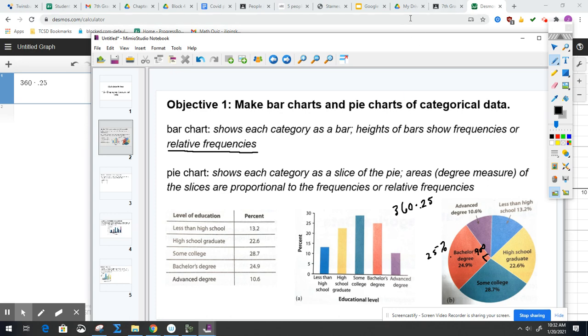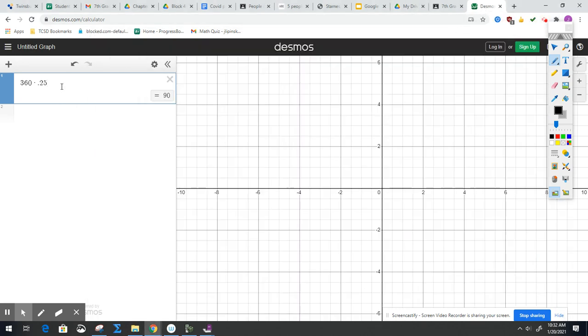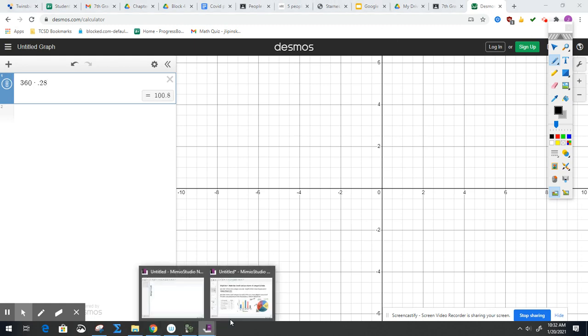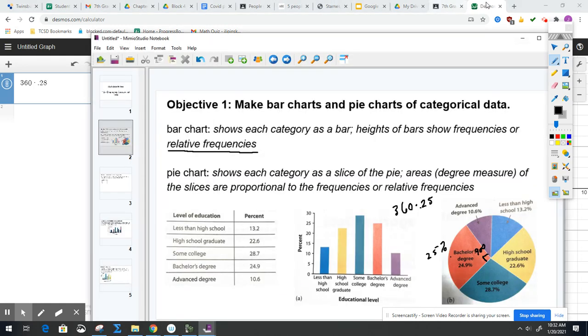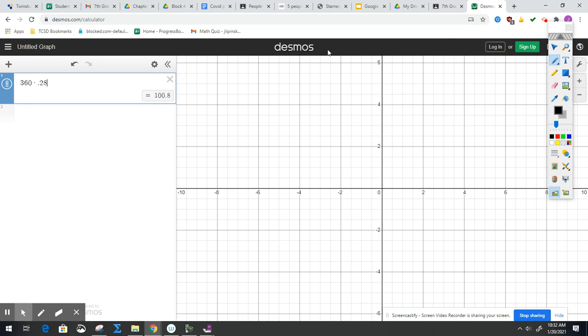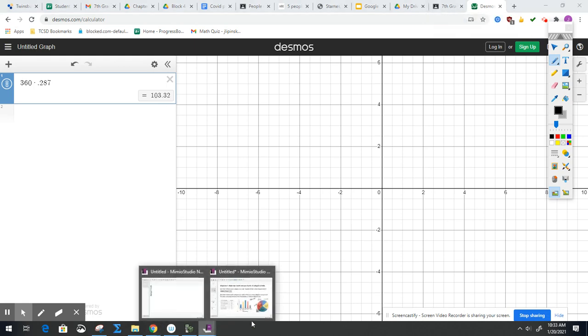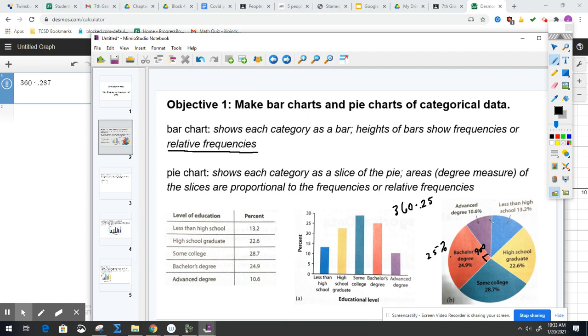So if I went to Desmos and entered 360 times 0.287, we could see that that angle right there would be 103.32 degrees. So this angle right here is 103.32 degrees. That's how we would have to make that.